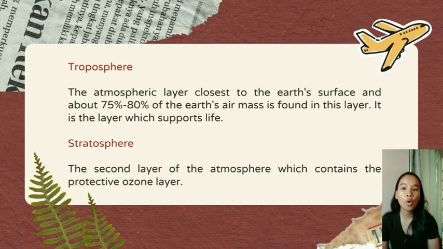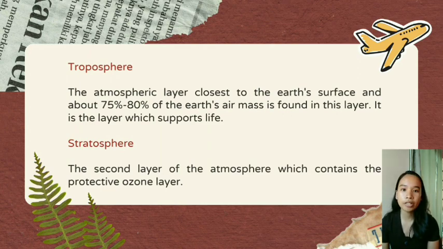It is the layer which supports life. Next is the stratosphere, which is the second layer of the atmosphere, which contains the protective ozone layer. The stratosphere extends from about 17 to about 48 kilometers or from 11 to 30 miles above the Earth's surface.